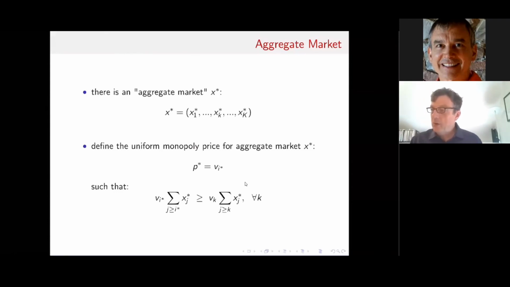And for this aggregate market, I can now think about what is the optimal price. That optimal price will end up being one of the valuations, right? It doesn't make sense to set a price anywhere between these finite valuations. So I want to land right on one of the valuations, and let me identify it by VI star.